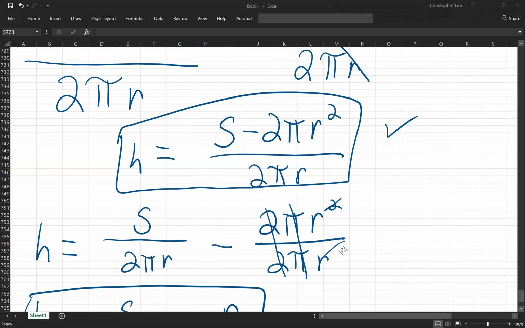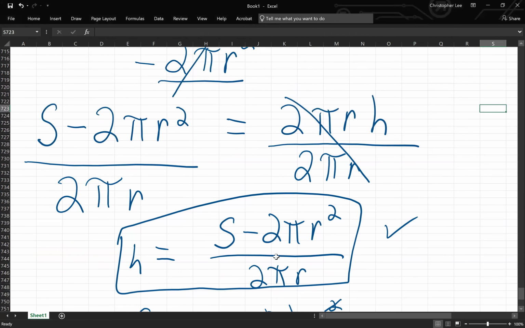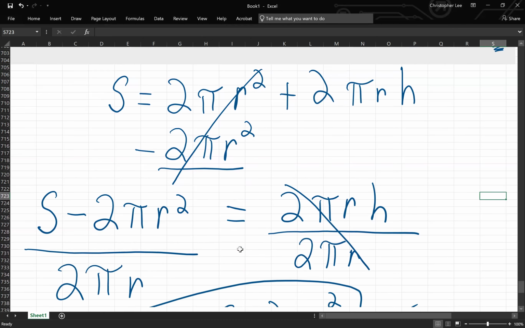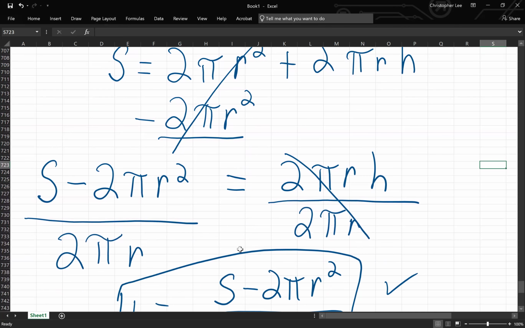You subtracted from both sides. Oh, at the top, the whole thing. 2 pi r squared, that whole term. I subtracted that from both sides, and you put the minus 2 pi r squared on the other side.